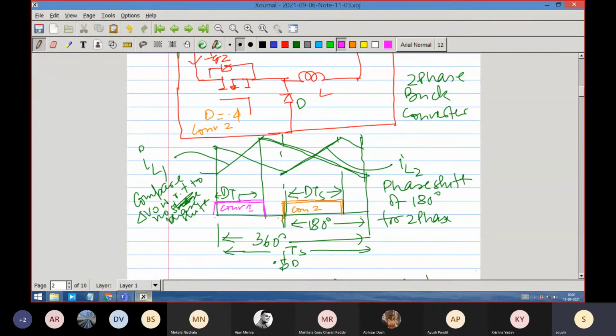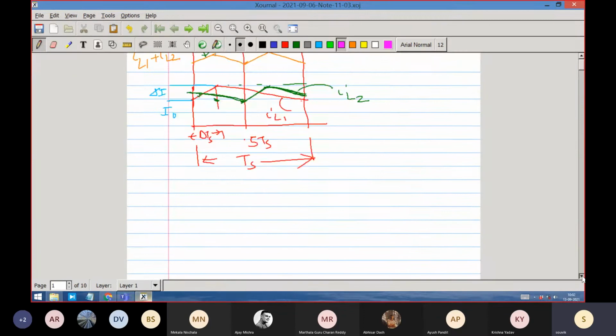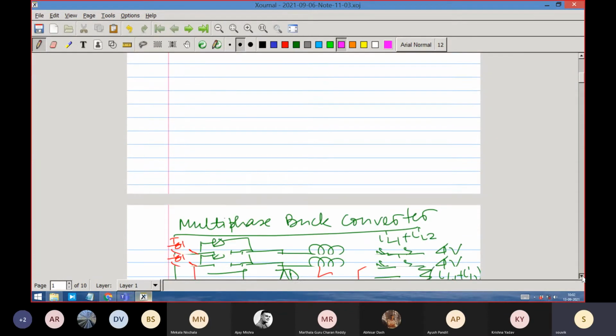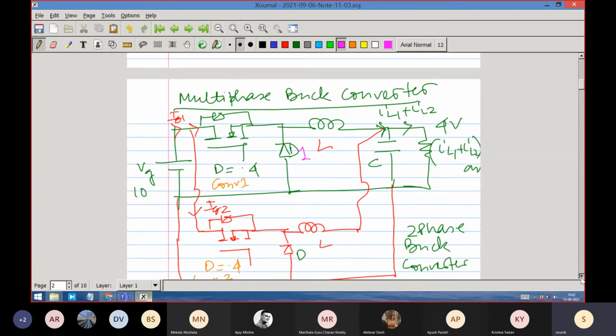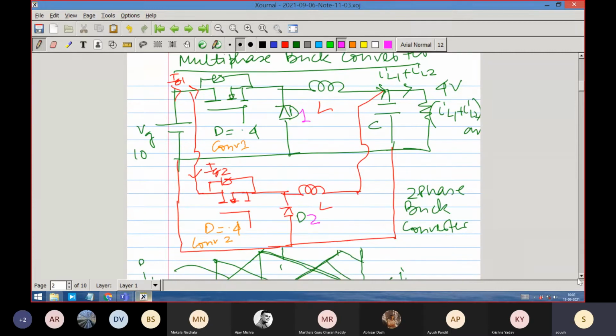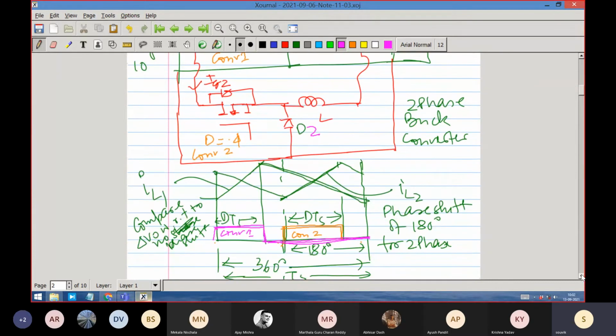Subsequently, it is off. That means the diode is conducting. If I consider this diode as D1 and this as D2, then this is the zone when D1 is conducting. Whereas for the second converter, the active switch Q is on here.